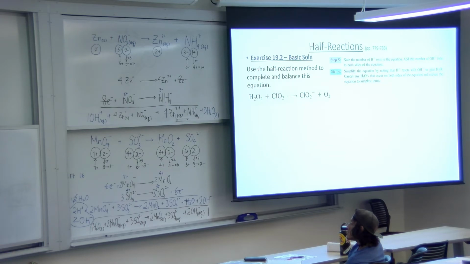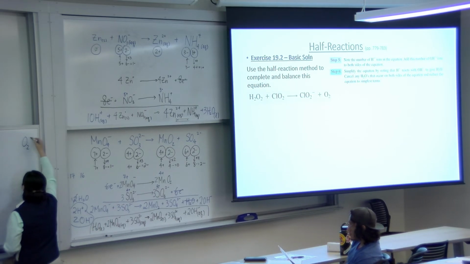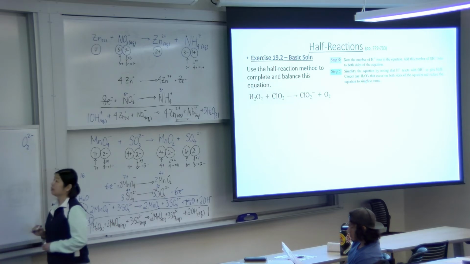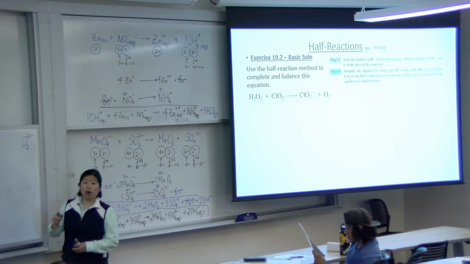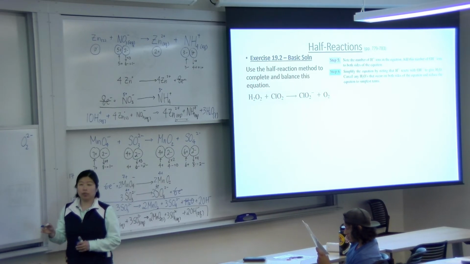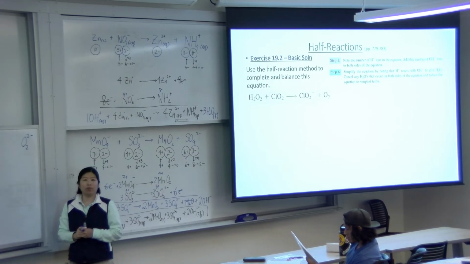This is H2O2, which is hydrogen peroxide. It is one of those special rules, right? Peroxide is what? What is peroxide? O2 2 minus. All right? So each oxygen has an oxidation state of what?